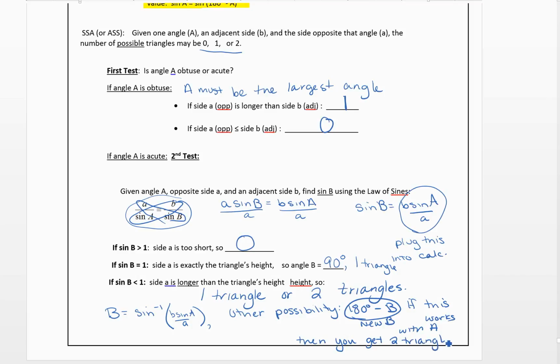We'll work out some examples, but we're saying if you're given an acute angle A and you work out this sine of B and it's less than 1, sometimes you can get 2 triangles, and we'll show you how you do that.